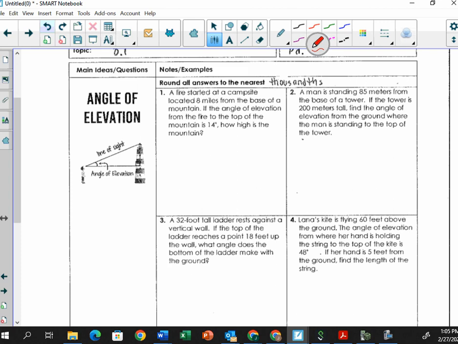It's just a fire. I think you do. This is a tall mountain.